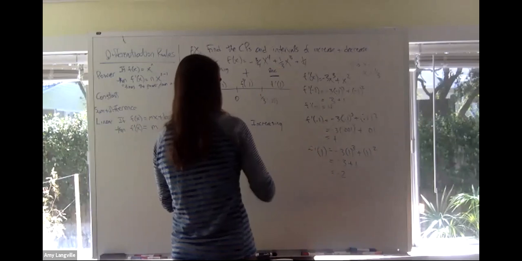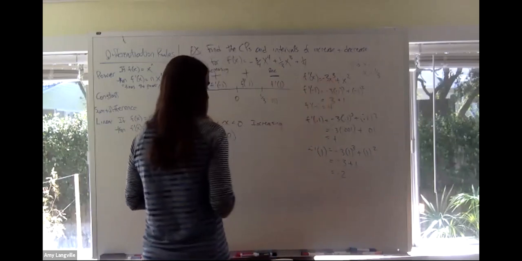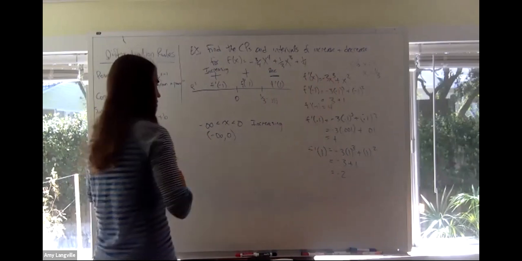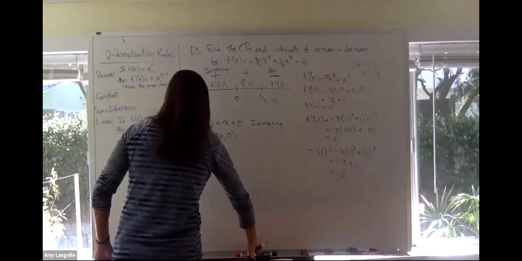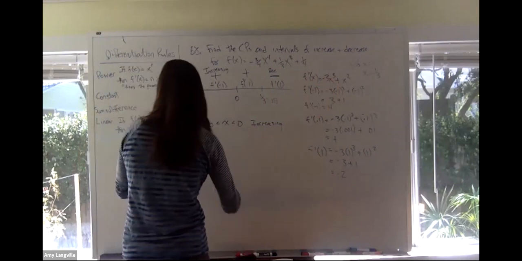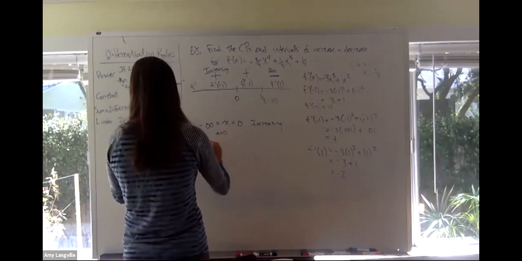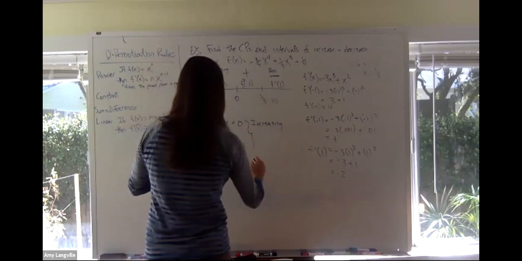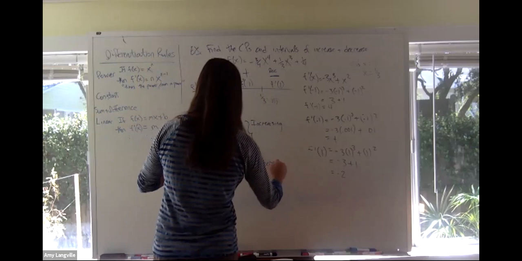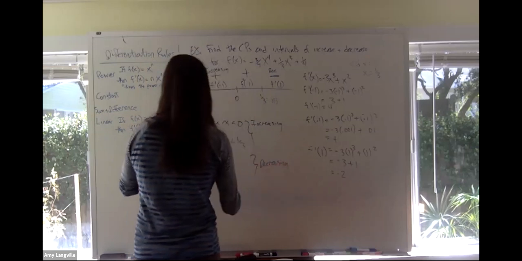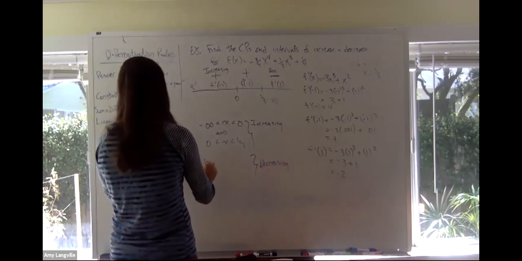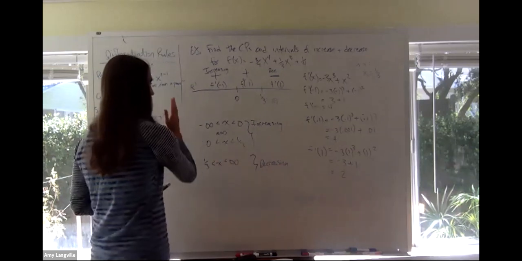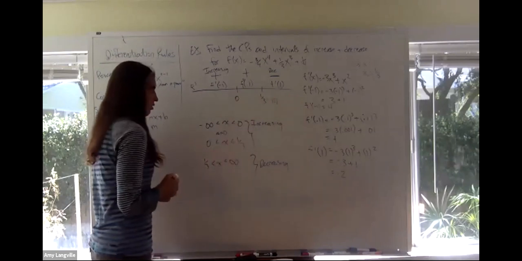And any other point I would have tried in that same interval, I would have had the same conclusion, that it is decreasing. So our function is increasing on these two intervals, minus infinity to 0 and from 0 to 1/3. And then it is decreasing from 1/3 to infinity.